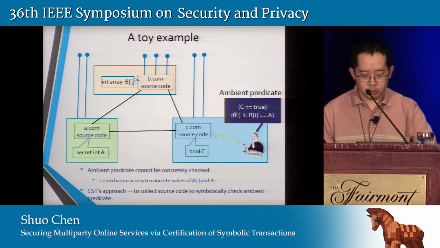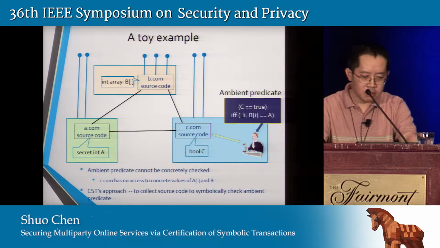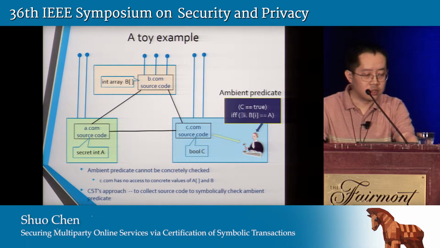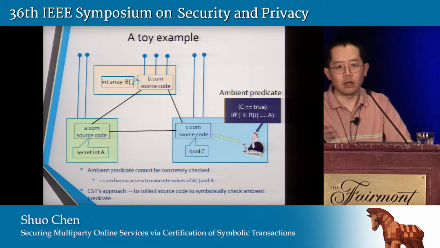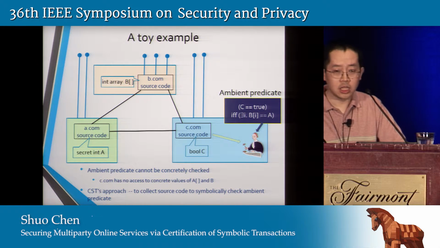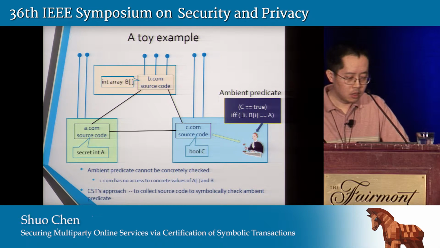Now, this ambient predicate is great, except that it cannot be concretely checked, because the certifier on C.com does not have the concrete values of the secret int A and the array B. Now, what can we do here?